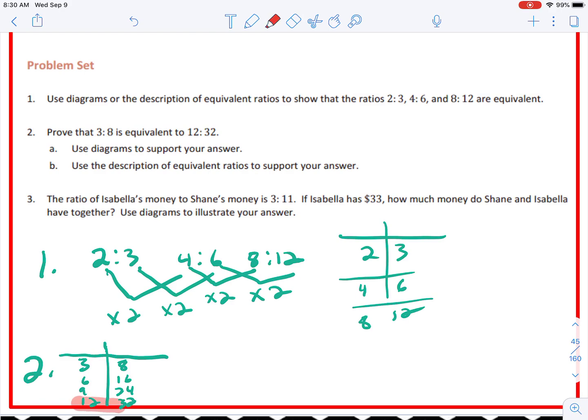Okay, so that shows that they are equivalent. Okay, use the description of ratios to support your answer. So I have 3 to 8, 12 to 32. What times 3 equals 12? It is 4. So 8 times 4 has to equal 32, which it does. So that shows that it is equivalent.